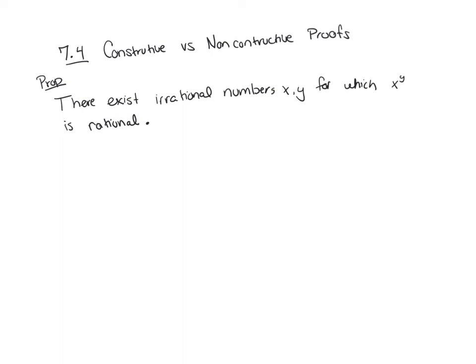So let's let x equal square root of 2 to the square root of 2, and y equals square root of 2. We saw before that square root of 2 is irrational.